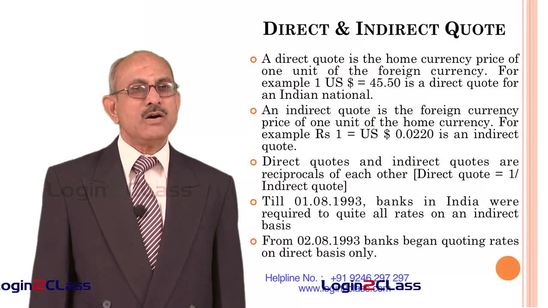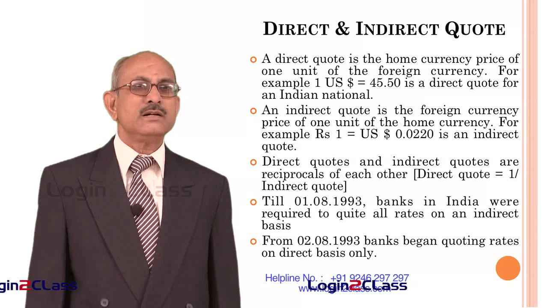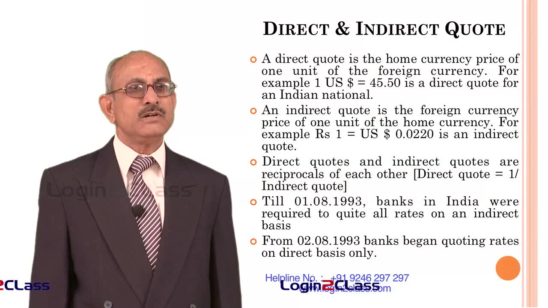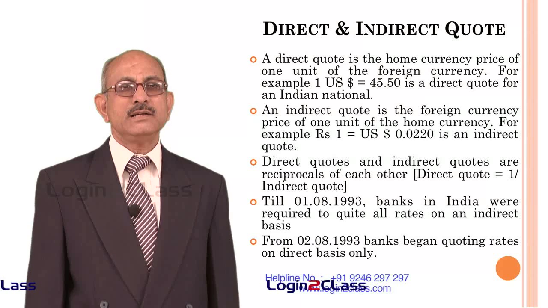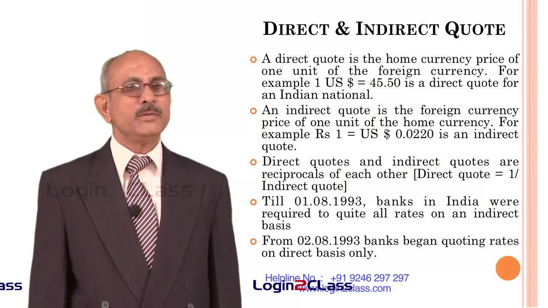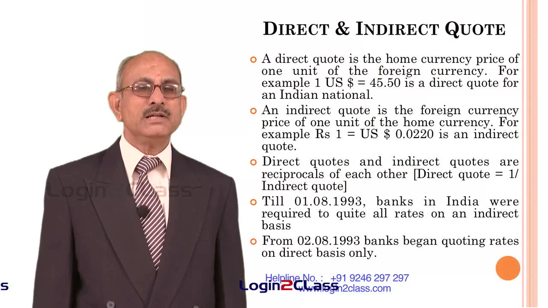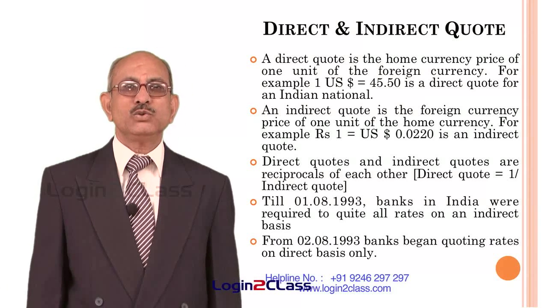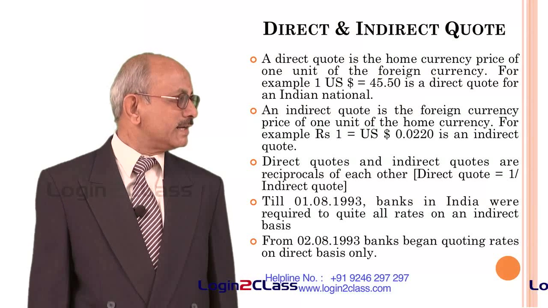These days all banks quote the rates on a direct basis only. That is, we always quote in terms of 1 unit of a foreign currency and so many units of rupees. Normally the rates will be 1 US dollar will be so much, or 1 euro will be so much, or 1 Singapore dollar will be so much in rupees. That is called the direct quote basis.